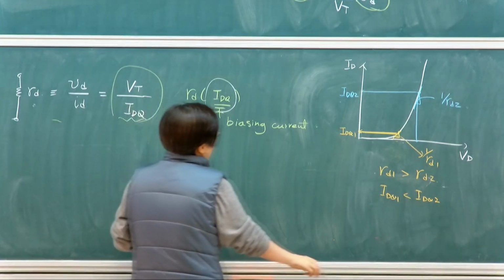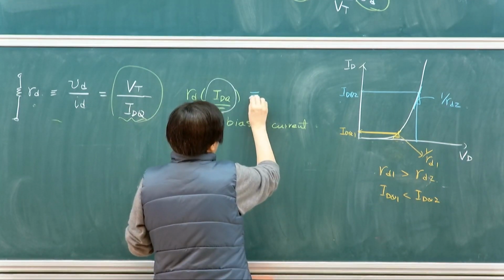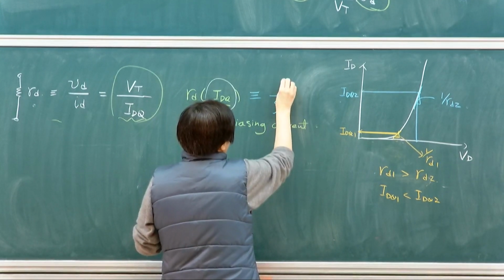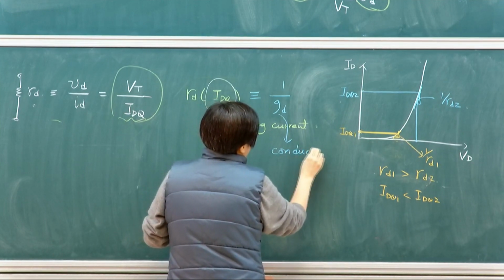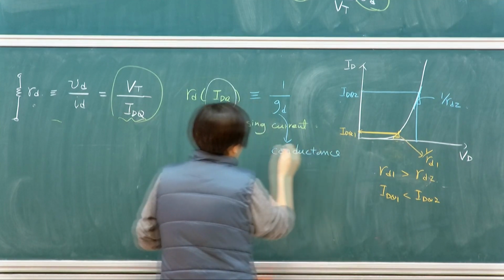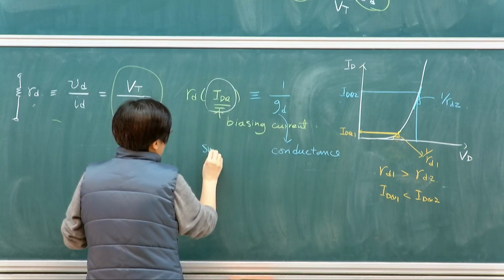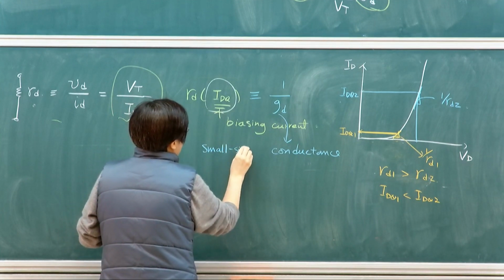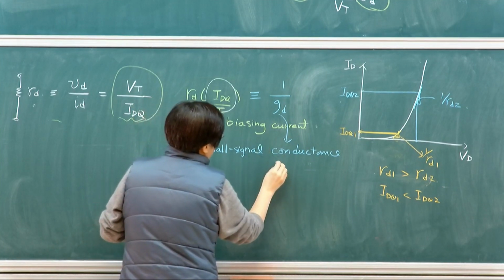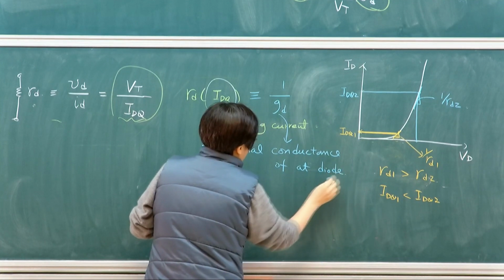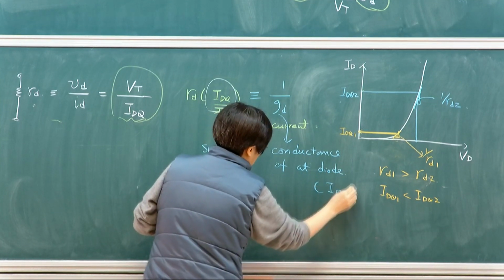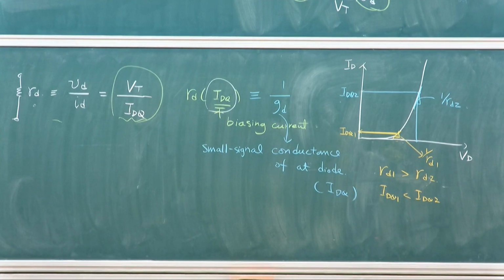Sometimes you will see another parameter called the diode's conductance, GD, the inverse of the resistance. The complete name is the small signal conductance of a diode at a particular biasing point. So you can either treat it as a conductance or a resistance.